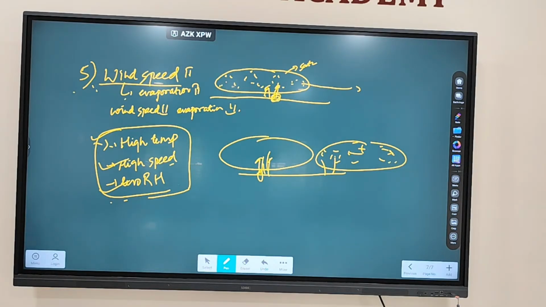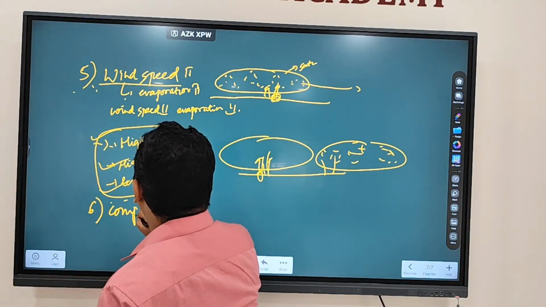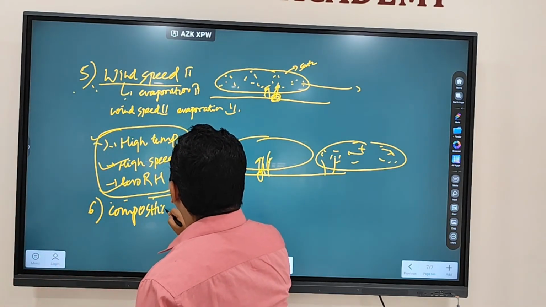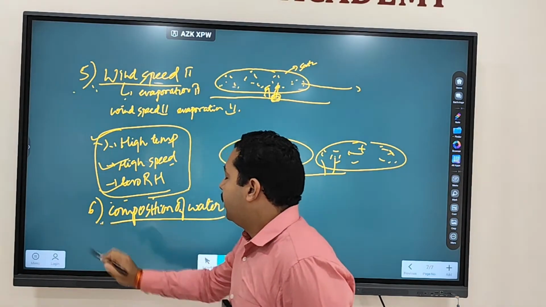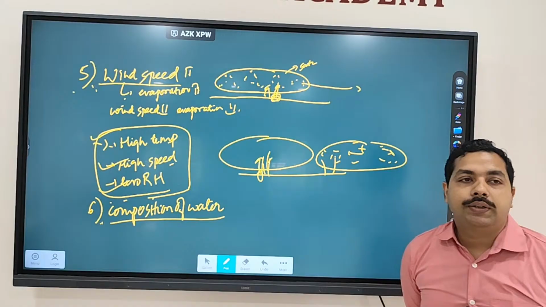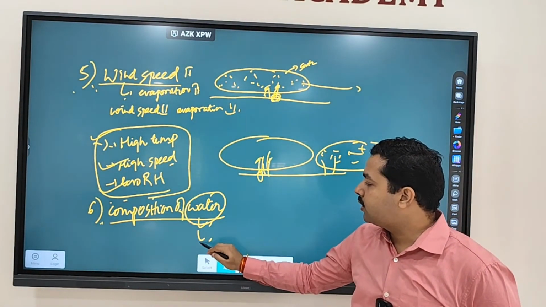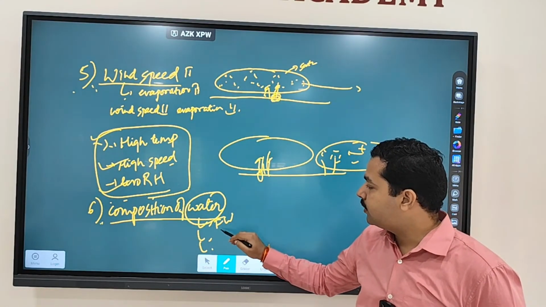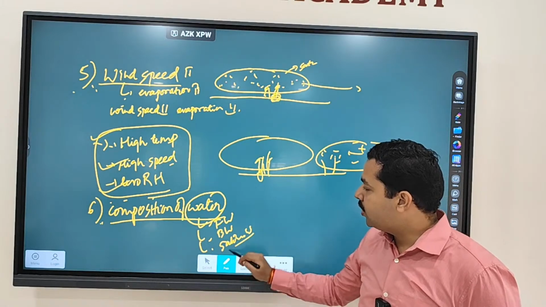Clear? The next factor which determines evaporation is the composition of water. You know that water is of different types. What are the different types of water? Fresh water, brackish water, saline water, or salty water.